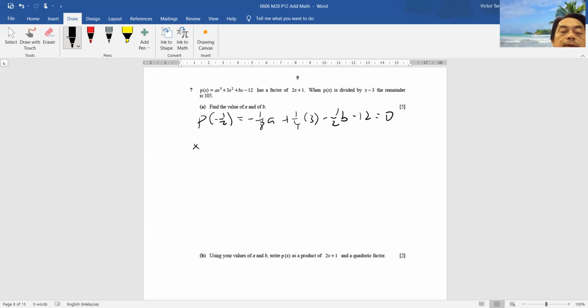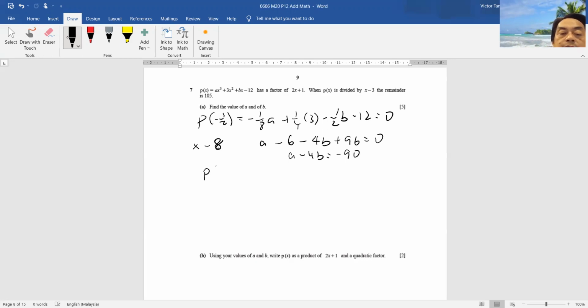So you multiply by minus 8. You get a minus 6 minus 4b plus 96 equals 0. So a minus 4b equals minus 90. This is my first equation.